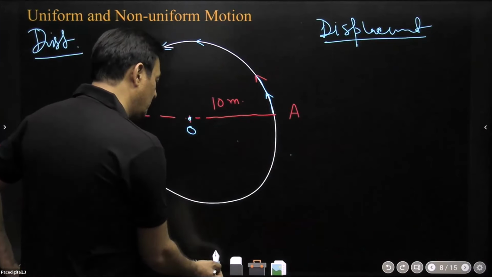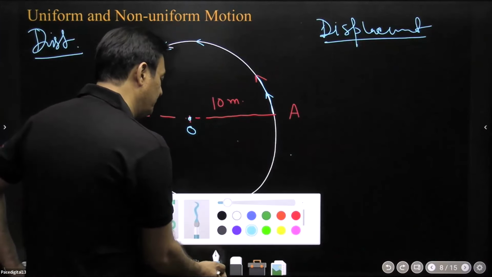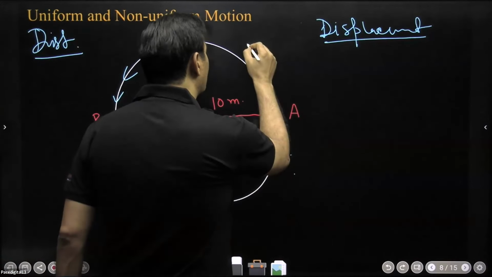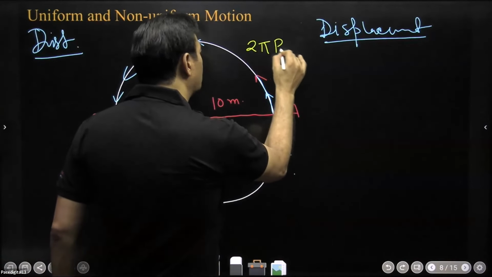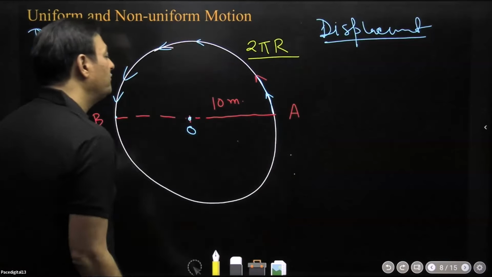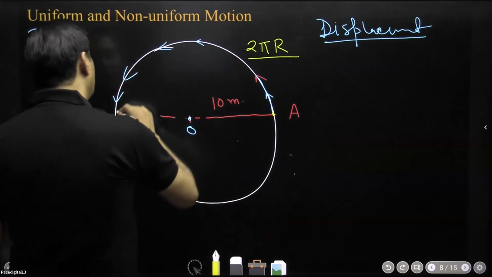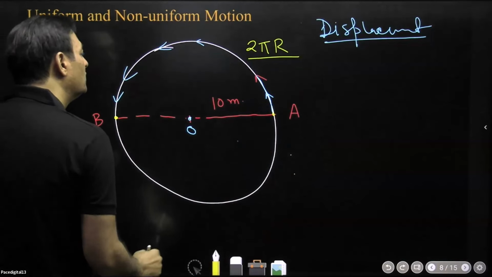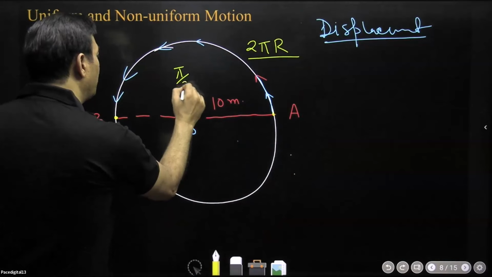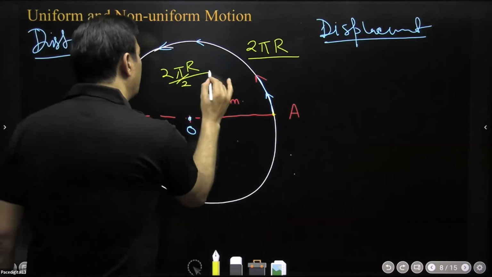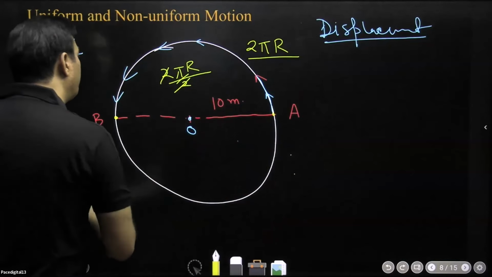For a circle, what is the circumference? Is it 2 pi r? 2 pi r is the circumference of the full circle. So what will this half circumference be equal to? 2 pi r divided by 2, which will be pi r.